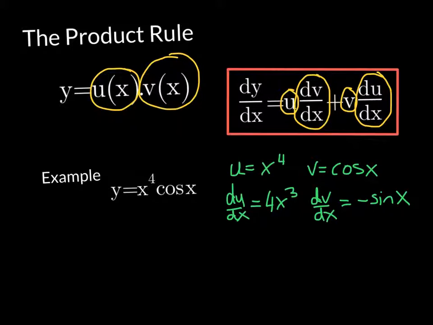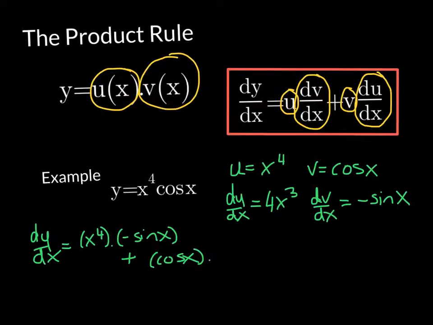Okay, so now we can construct the differential of the entire expression. So we can say that dy by dx is equal to first u, which is x to the power of 4, multiplied by the differential of v, which is minus sin x. And to that we add the expression for v, which is cos x, multiplied by the differential of u with respect to x, which is 4x cubed.